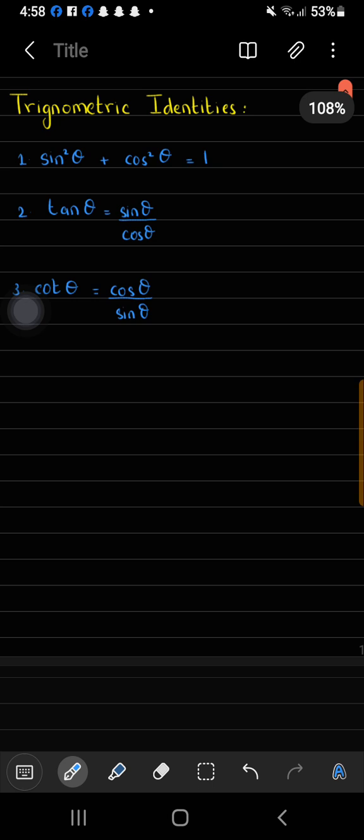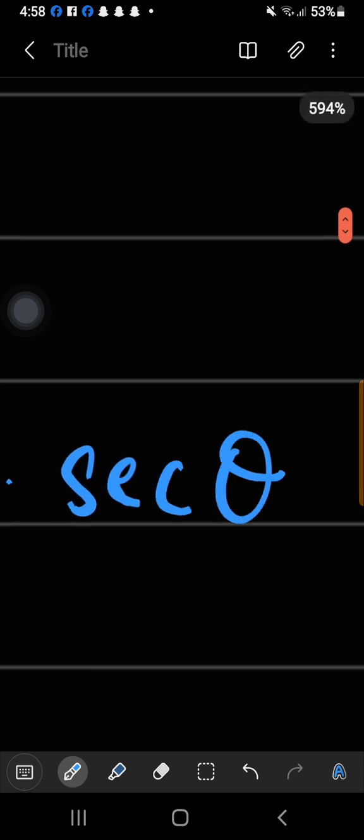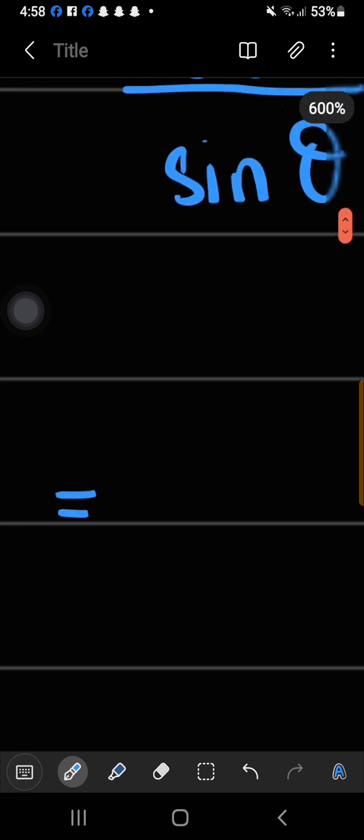Now some more identities which are not part of AS level mathematics, but are part of A2 level mathematics, and we had already learned them in additional mathematics in O levels. Sorry, this is the fourth one: sec theta, which is equal to 1 upon cos theta.